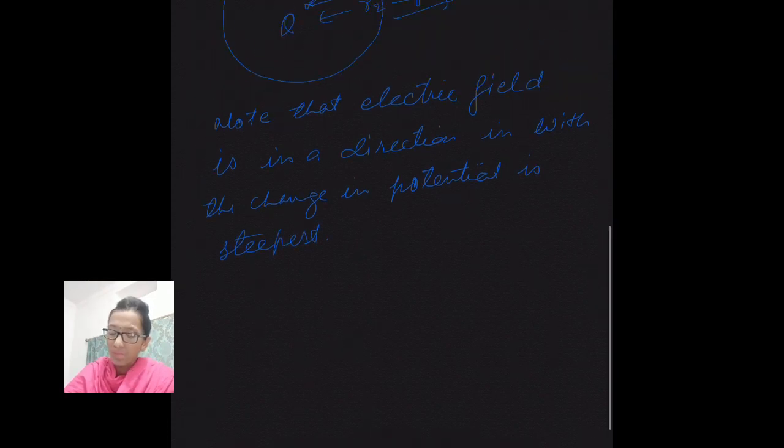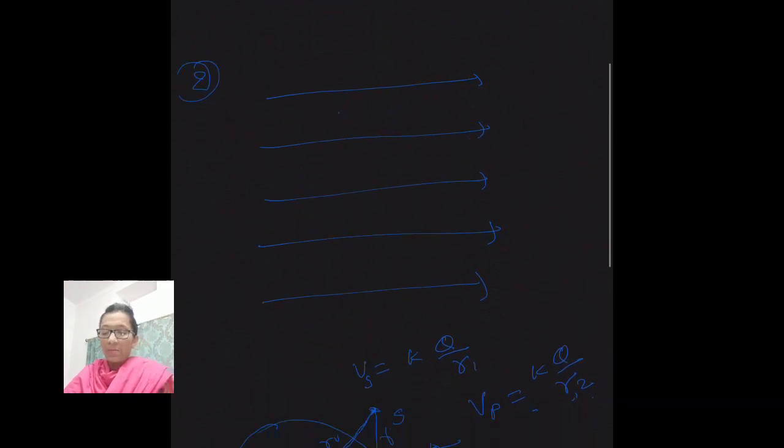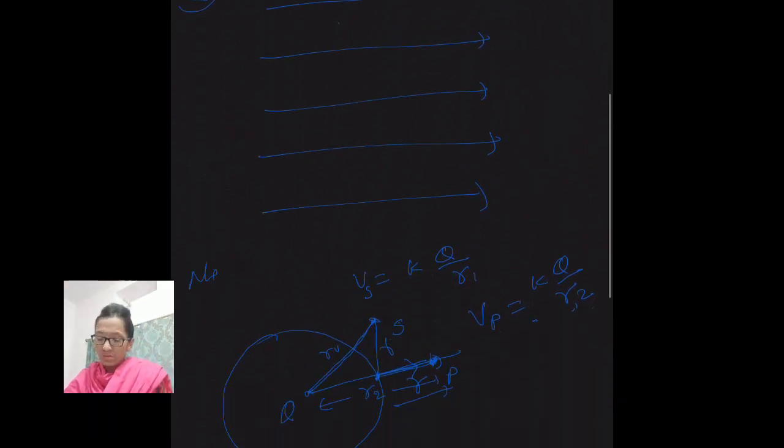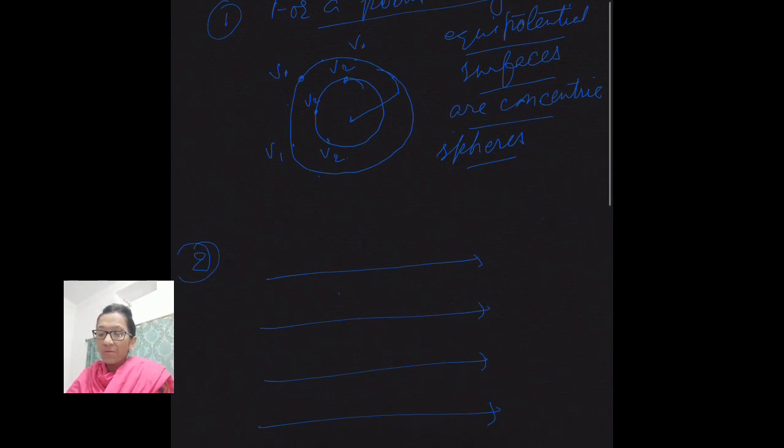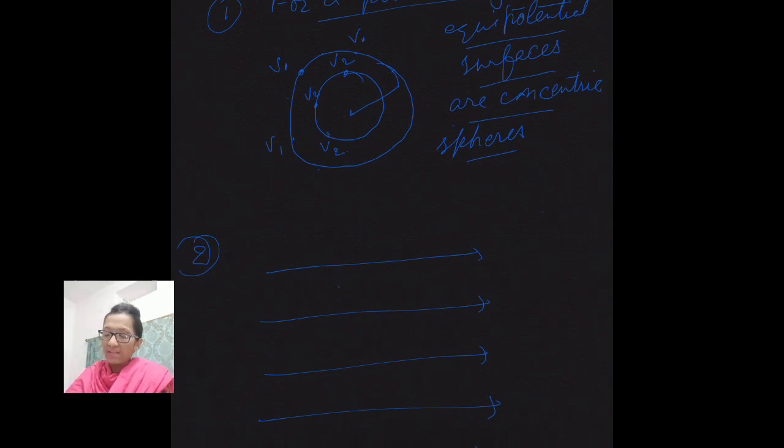Okay, so now we will be finding equipotential surfaces for a uniform electric field.